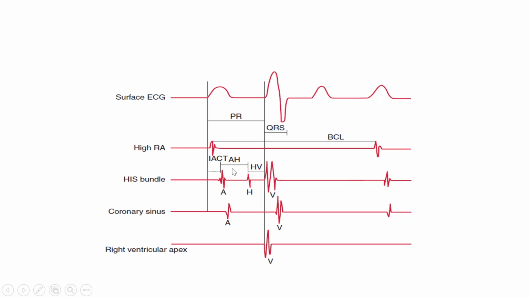It's a nodal problem. When the HV interval is prolonged, we know that it's below the AV node. It's infranodal, so that's a bundle problem. Any questions so far?